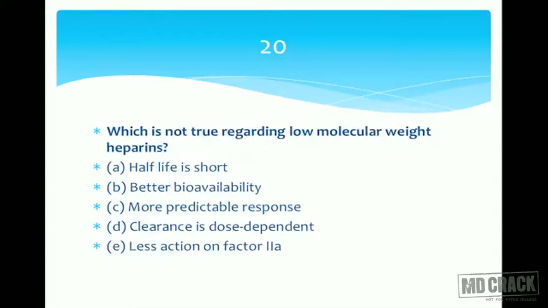Last question on this session: which is not true regarding low molecular weight heparins. So we are getting a question from the chapter of blood. The options: half-life is short, better bioavailability, more predictable response, clearance is dose dependent, and less action on factor 2A. I hope you know heparin and low molecular weight heparin essentially have the same action.